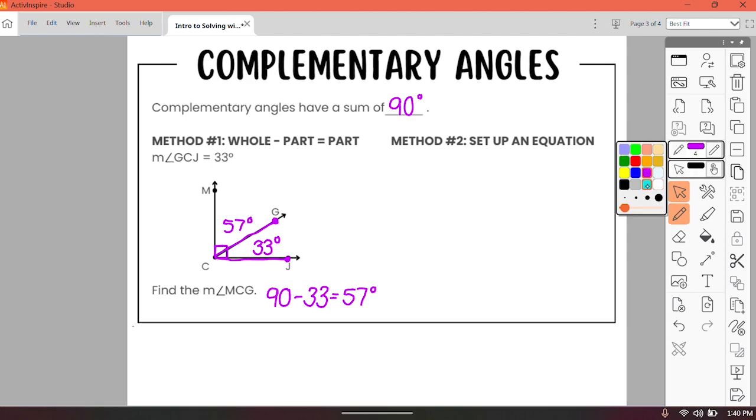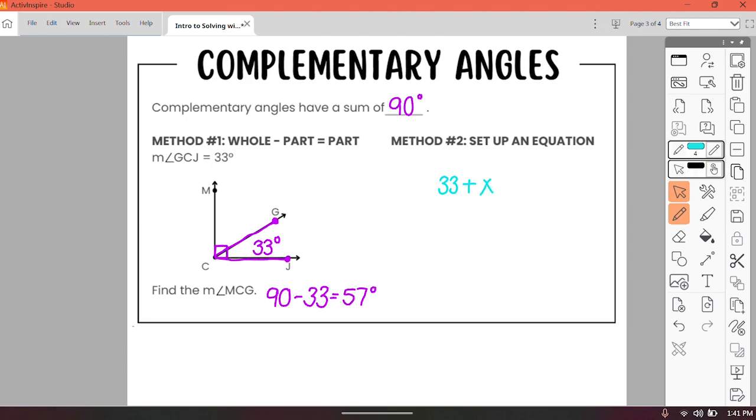And of course, there is another method to do this, and that's with an equation. So in it, you take the two angles that we were given in the problem and you equal them to 90. So I'm going to erase my answer from over here. Pretend we didn't have that for a second. I know that one of my angles was 33, and then the other angle, the one that I'm solving for, is a mystery.